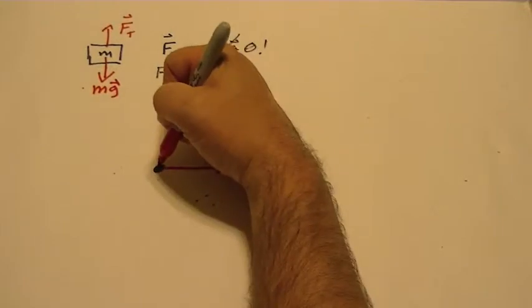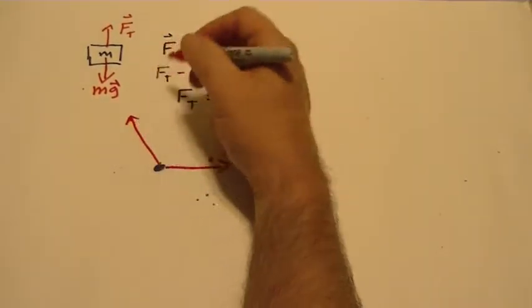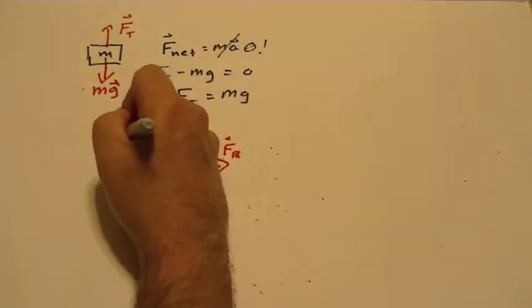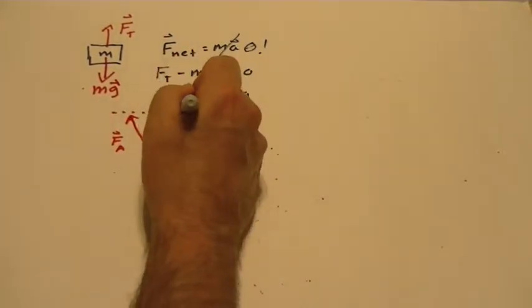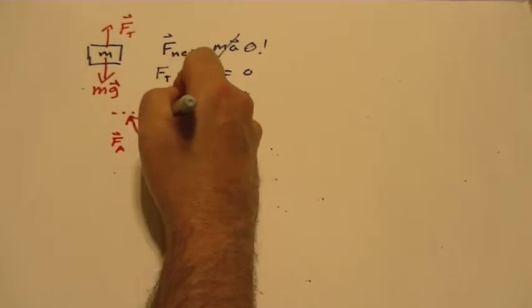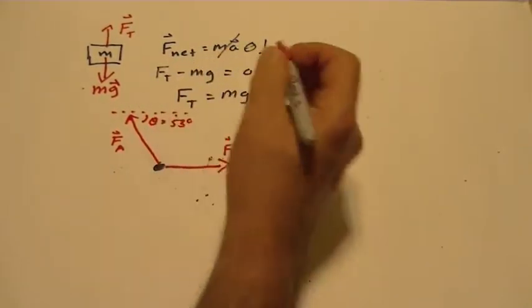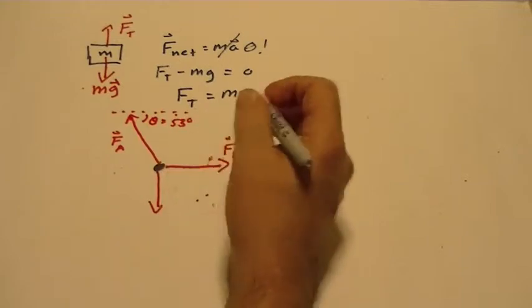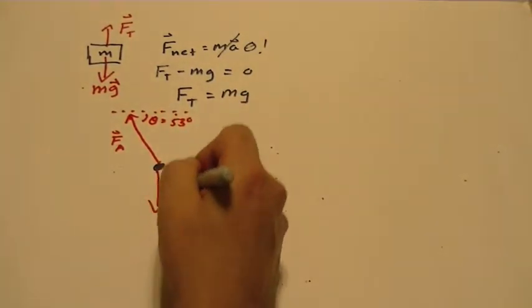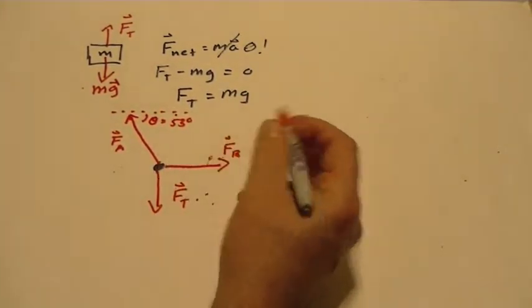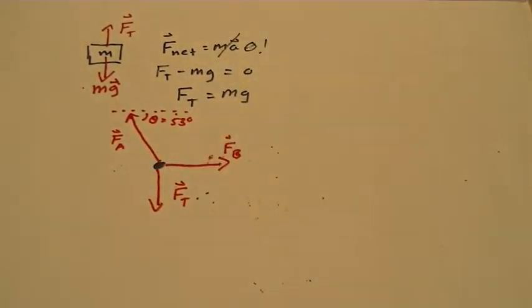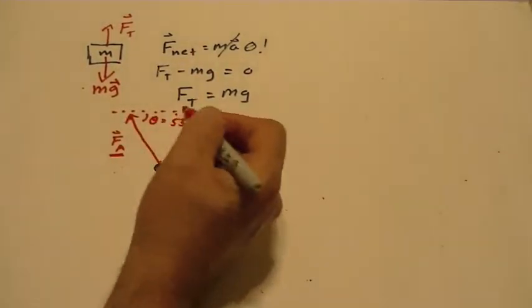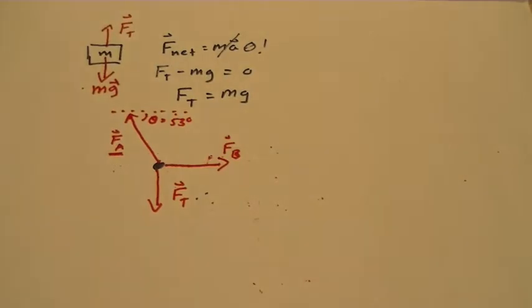I have a force going up at an angle, Fa, and I want to remind myself that I actually know this angle. Theta equals 53 degrees, and I have Ft. Alright, so what do I do next? Well, I know how large Fa is. It's 180 going in that direction.